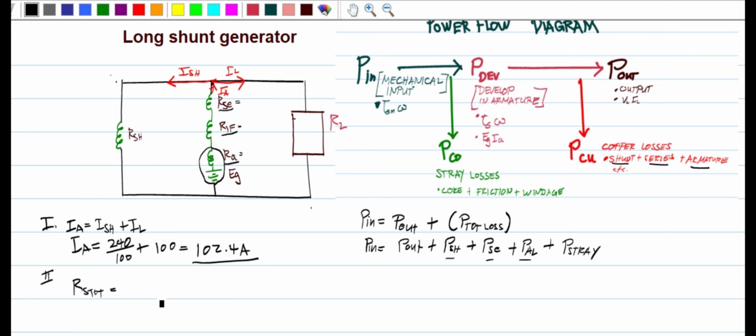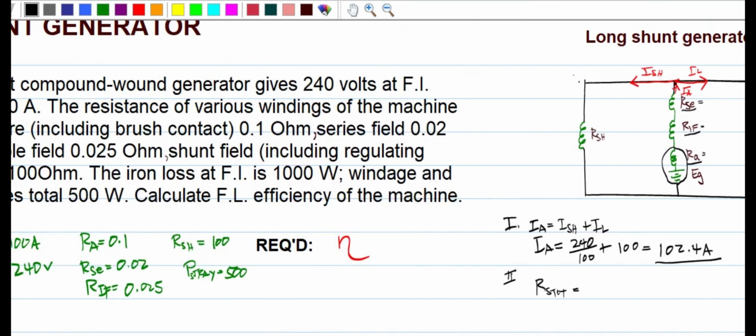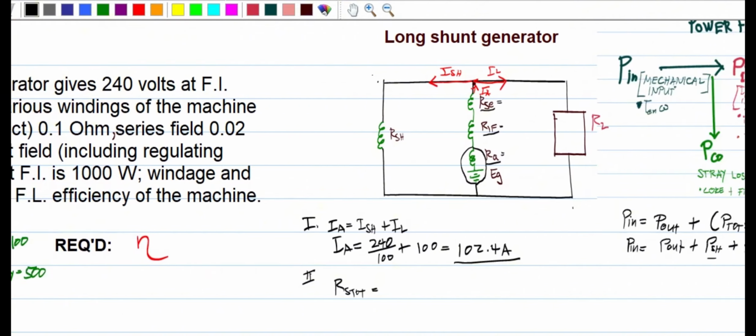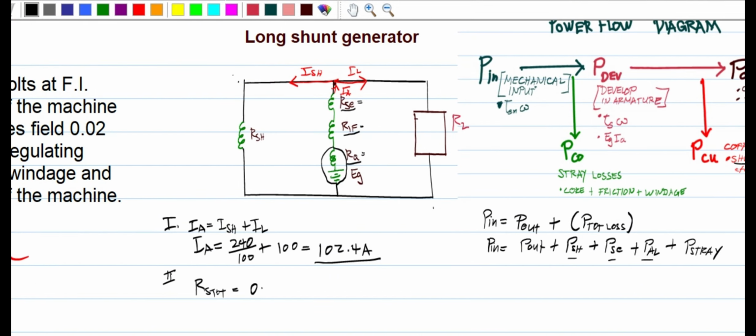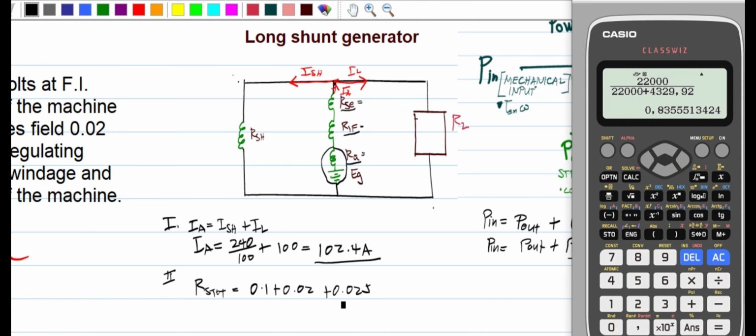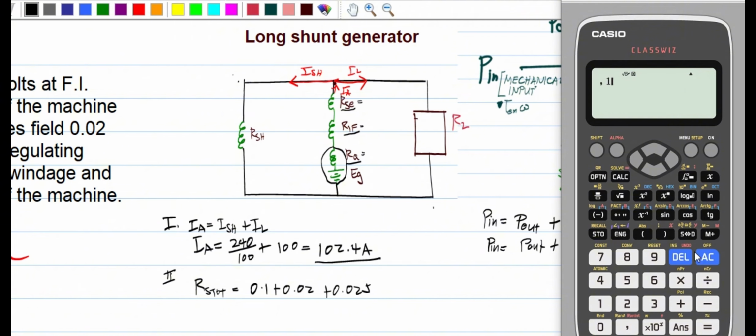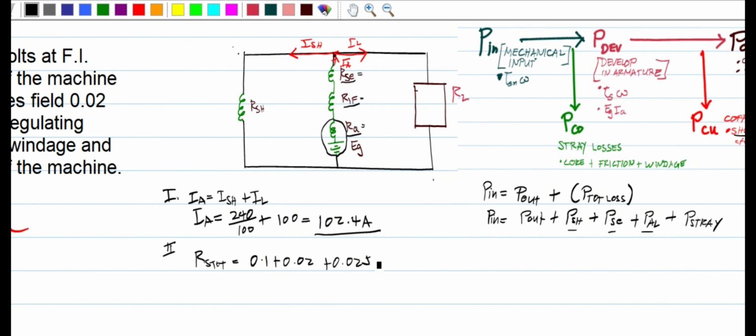We have 0.1 plus 0.02 plus 0.025. It's 0.145 ohms.